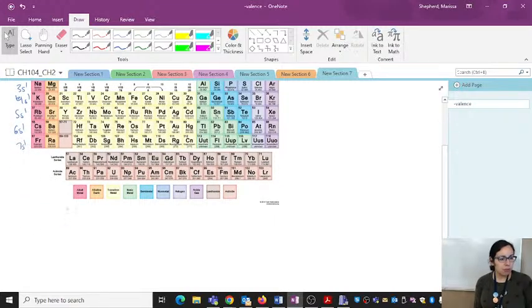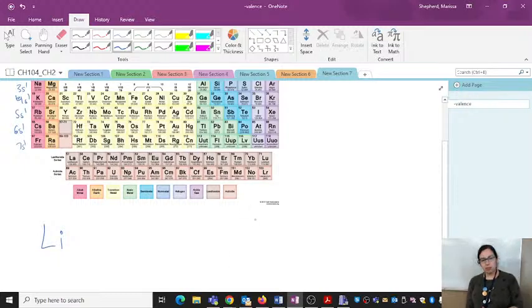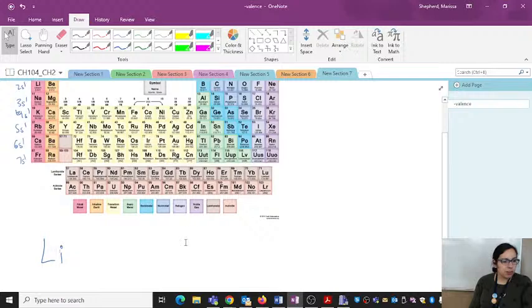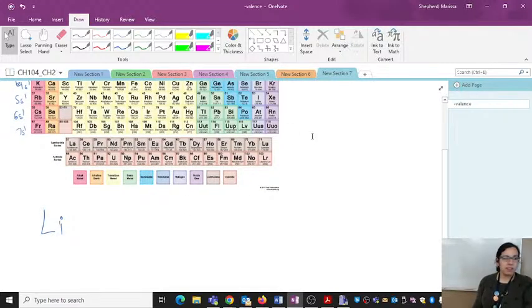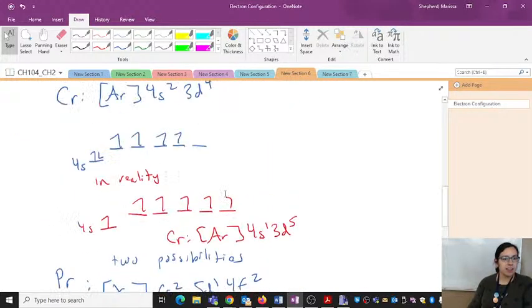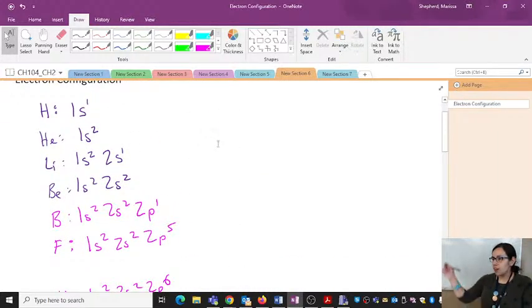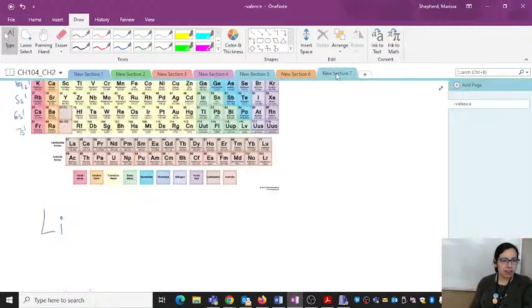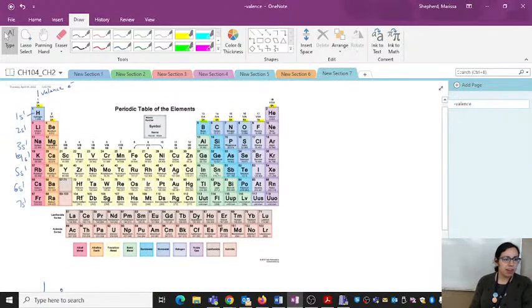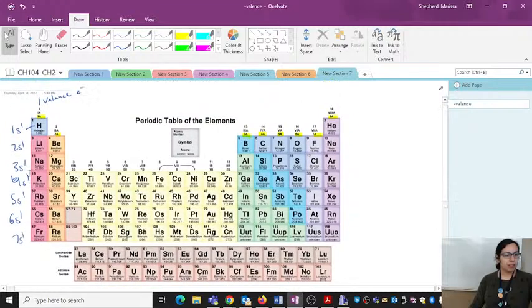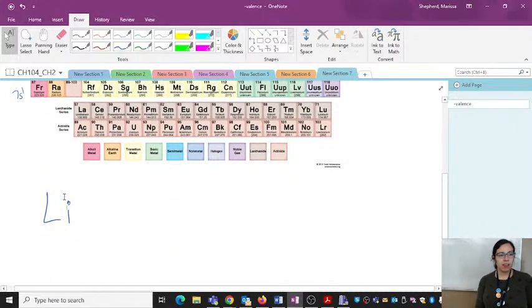We can also write what's called its Lewis dot structure, or electron dot structure. All that is essentially translating these electron configurations, so being able to take this and make a little picture of it. What I mean by that is, our first row, they all have 1 valence electron. So this is for the alkali metals.